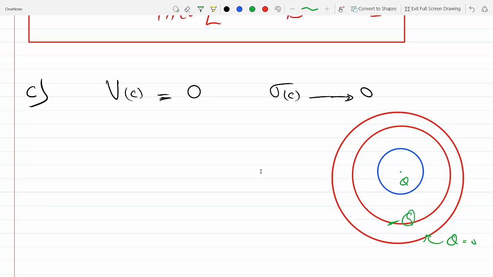The electric field, well, if R is greater than, so here what are the radii? We have A, B, and C. Okay, so if r is greater than c, q enclosed equals 0 and E equals 0.